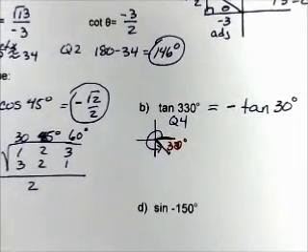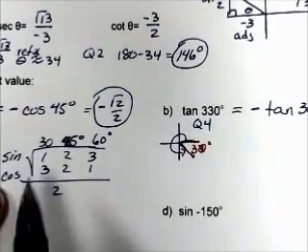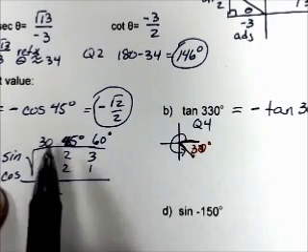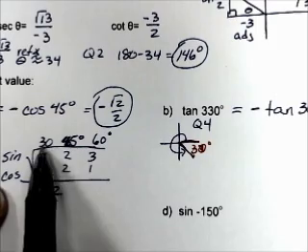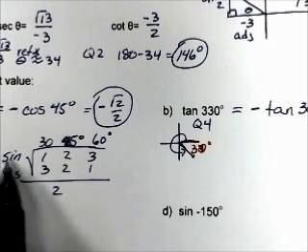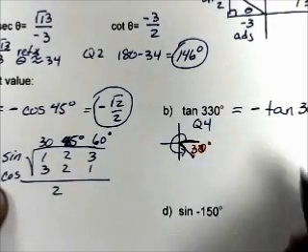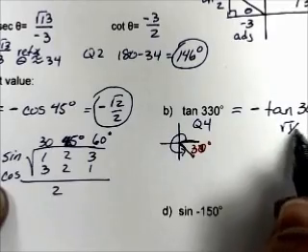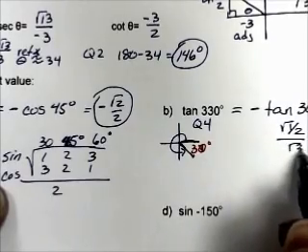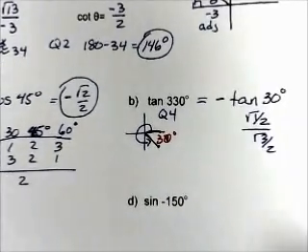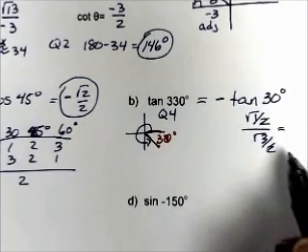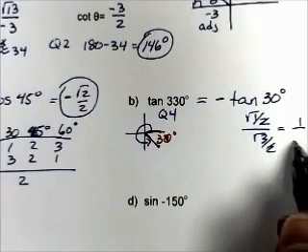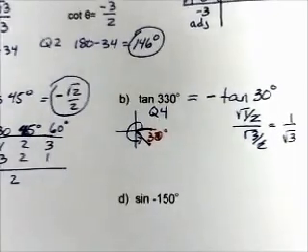Tangent of 30 degrees is going to be sine over cosine. So the square root of 1 over 2, all over the square root of 3 over 2. These denominators of 2 just divide out. This is equal to the square root of 1, which is 1, over the square root of 3.